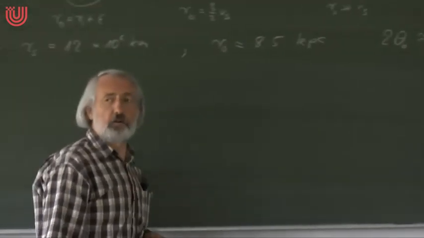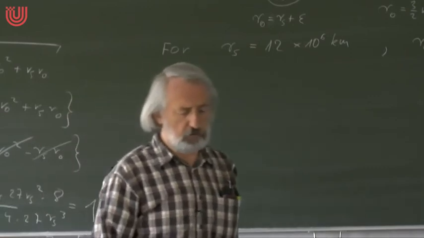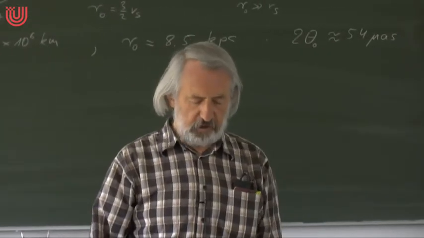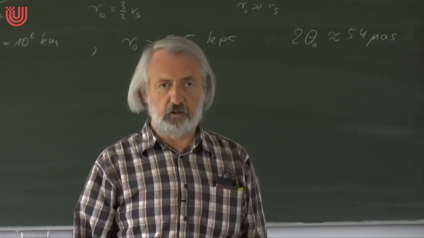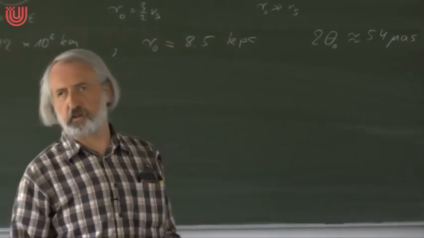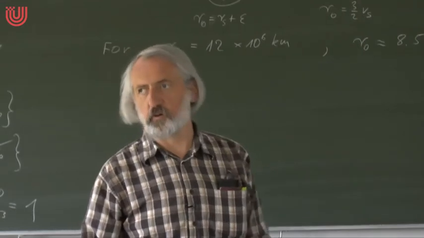But with radio telescopes, it is possible. And what's the reason? Why does it work with radio telescopes and not with optical telescopes? Well, because with radio telescopes, it's much easier to use interferometric methods. In principle, it can also be done with optical telescopes. Since a couple of years, this is done intensively, but it's much, much more difficult.